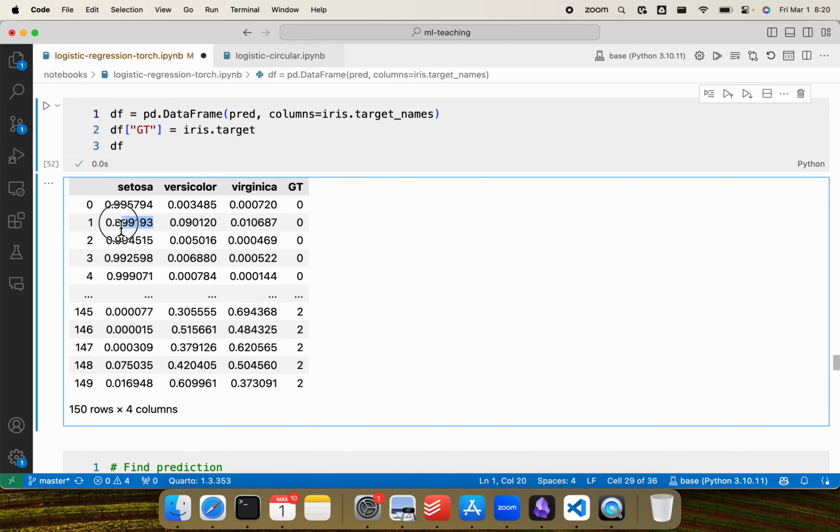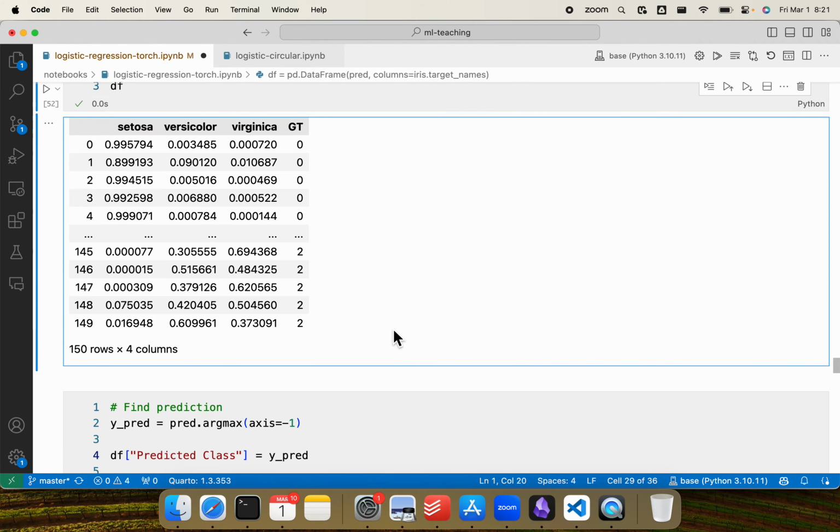Similarly, for the second example also, the probability of class 0 is the highest and it's indeed class 0. For the second last example, we can notice that the probability of class 2 is the highest and indeed it's class 2, so it's a correct classification. Whereas for the last example, it predicts the probability of class 1 versicolor to be the highest, whereas the ground truth is 2. So this would be a misclassification.